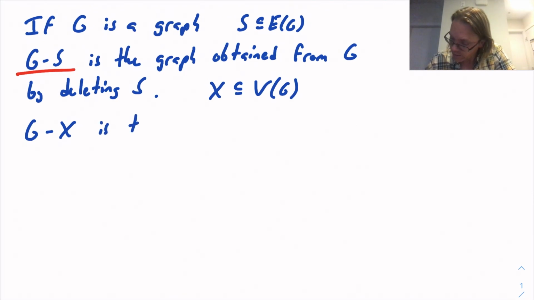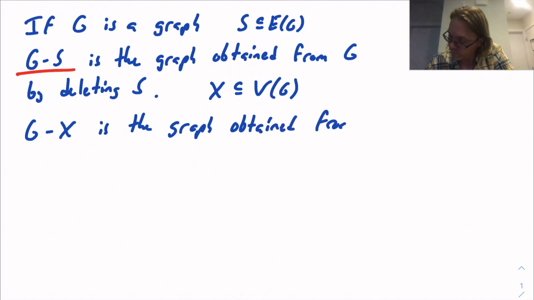So this is the graph obtained from G by deleting.